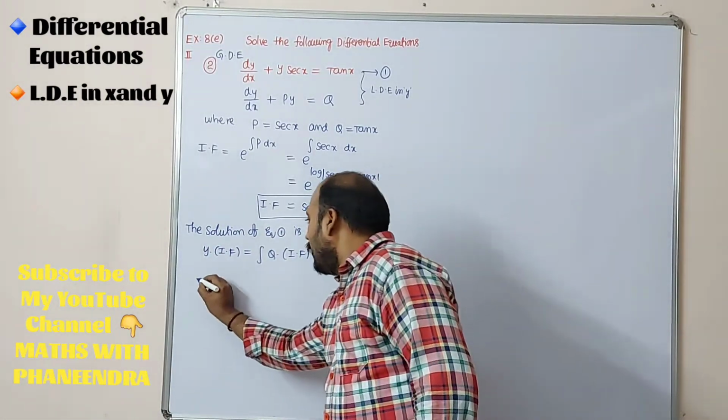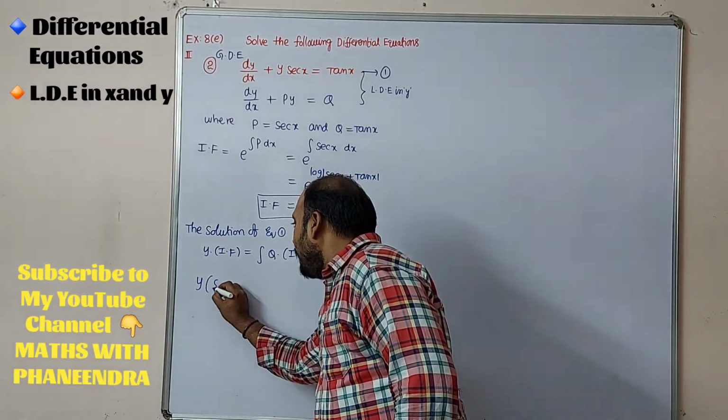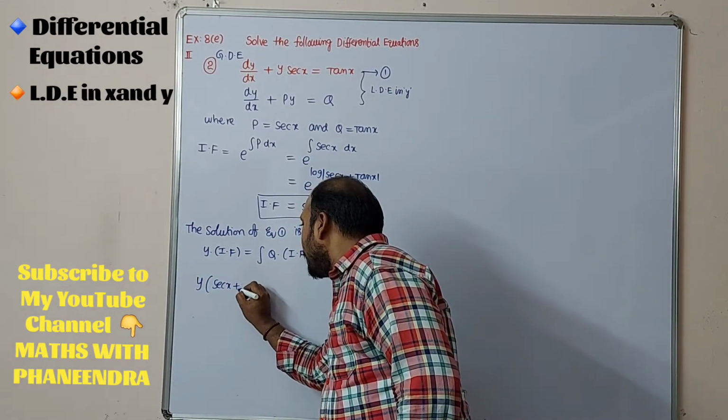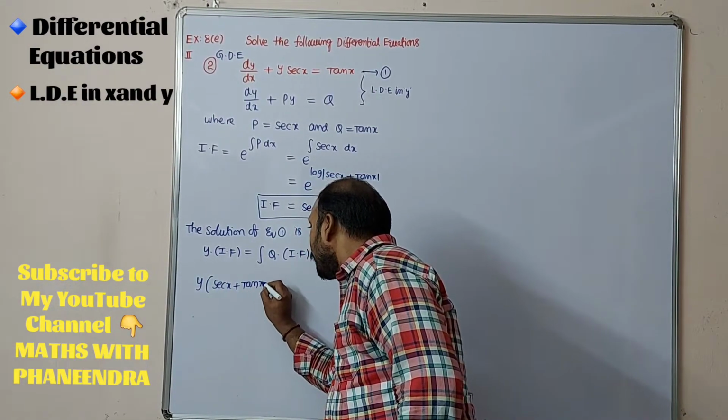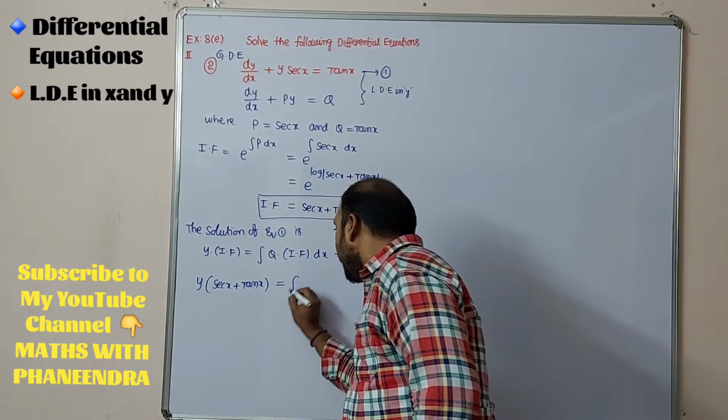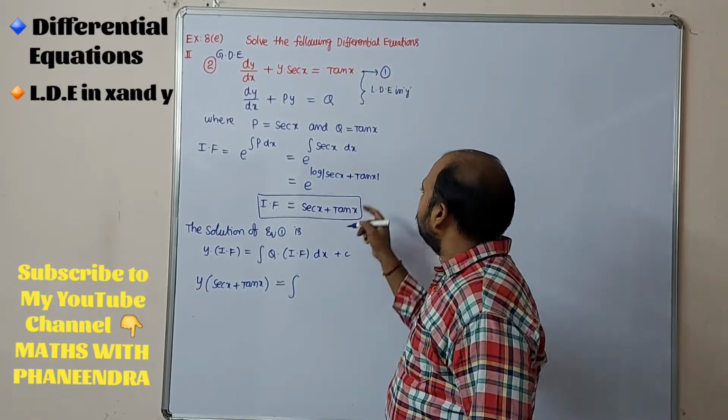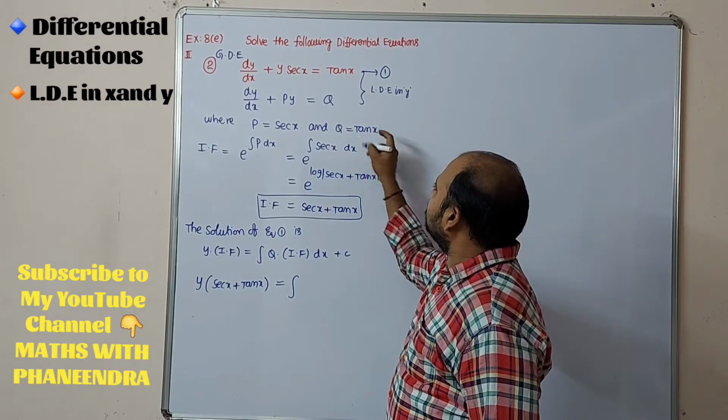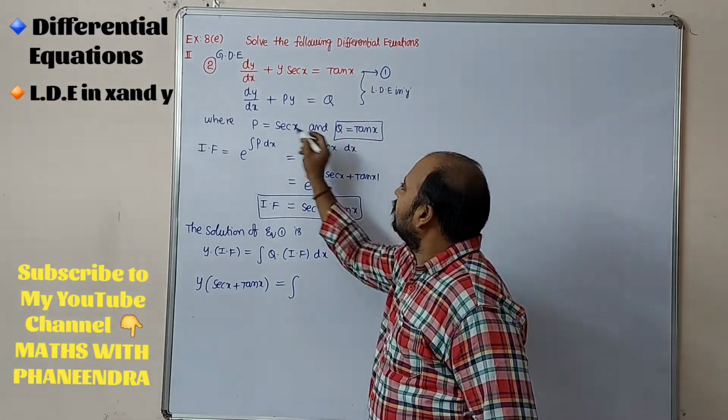So y into integrating factor, secant x plus tan x, is equal to integral Q. Q means what? Tan x. Here we mentioned that.